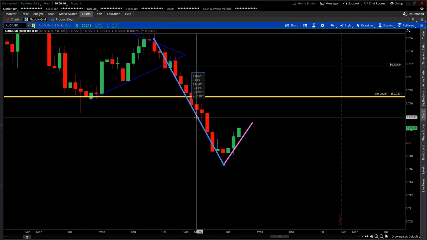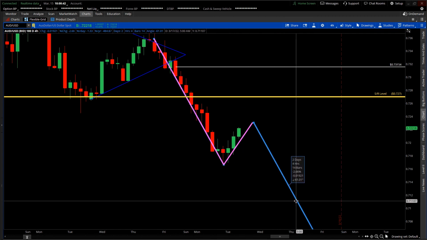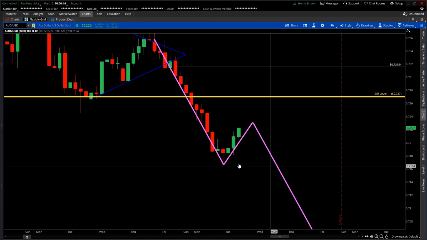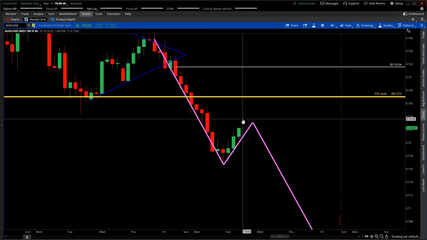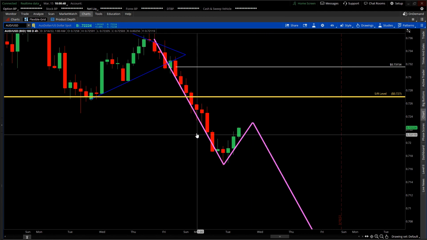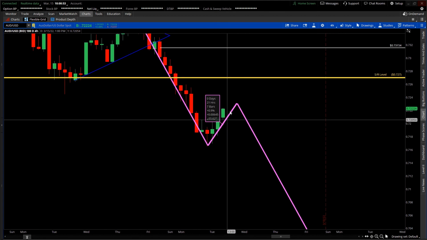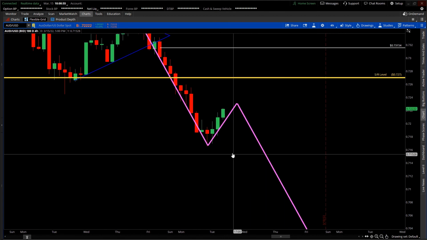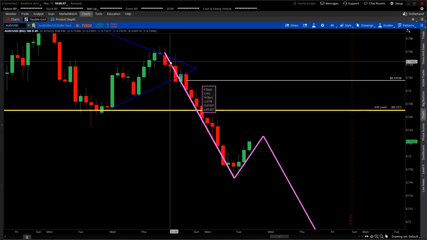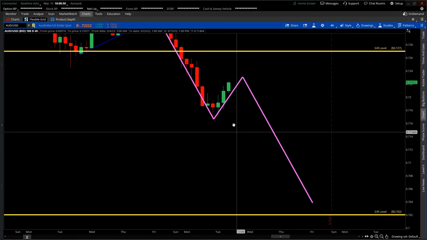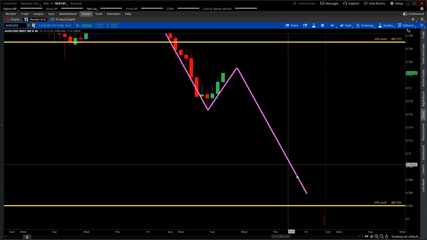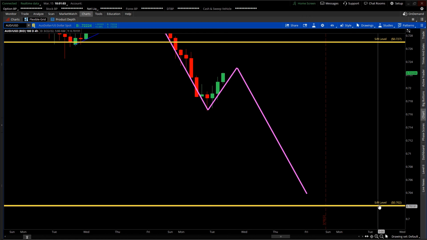And then the C leg, or the second leg of this ABC pattern, right? The C leg is typically equal to the same distance. So if it does occur, then the next support resistance level might come into play.